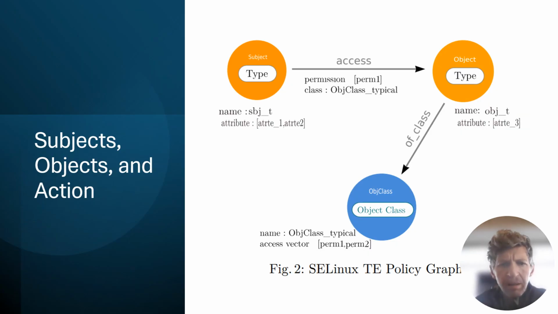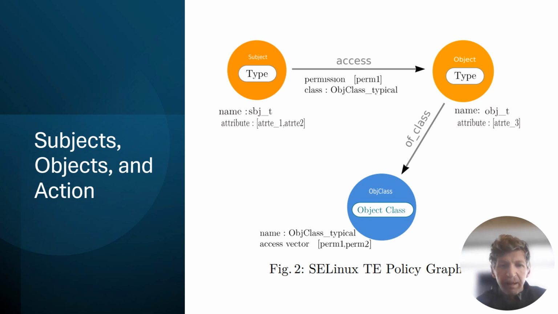So maybe I can explain what type enforcement is. Type enforcement typically involves labeling that basically gives every system resource a label, and it divides these things into subjects, which are processes, and objects, which are files and sockets. And so you can see on this page the name attribute.